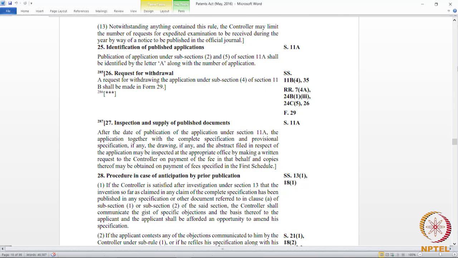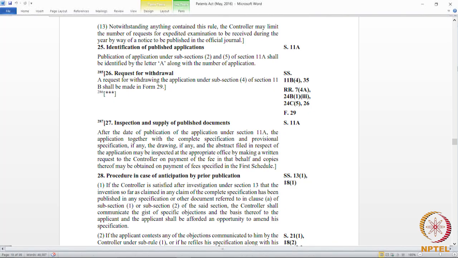The withdrawal mentioned in 11B4 can be done by filing form 29, but the language in section 11B4 is open enough for any kind of withdrawal, because the proviso stated that the applicant may at any time after filing the application, but before the grant, withdraw the application. So, any time after filing includes the 18-month period where it lies dormant.